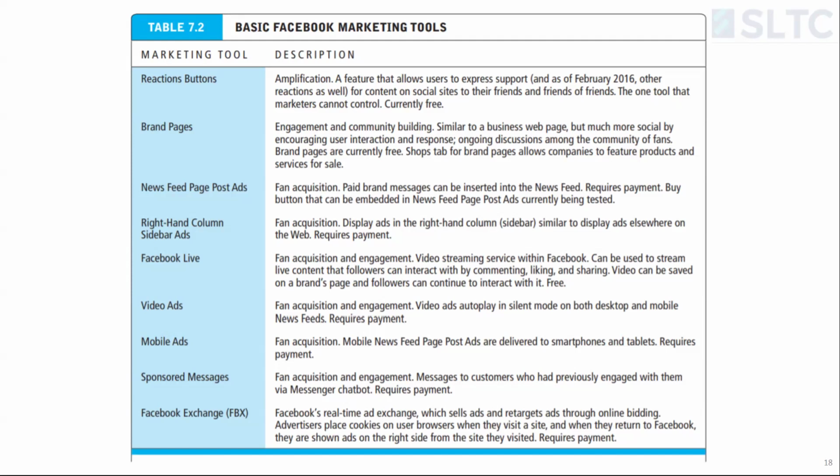If you look at the left and right hand side of Facebook, we call them the sidebars. These sidebars can be used to show advertisements, by way of text, graphics, or videos.